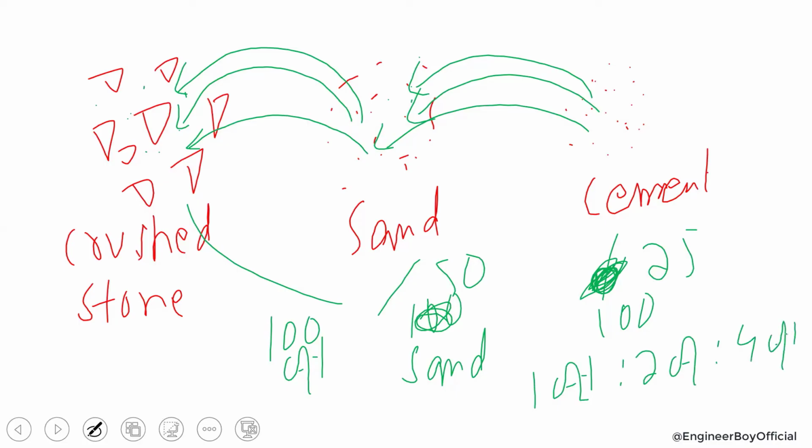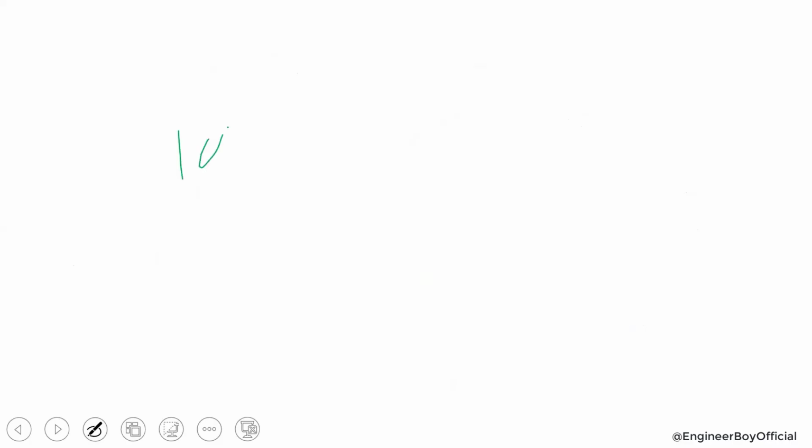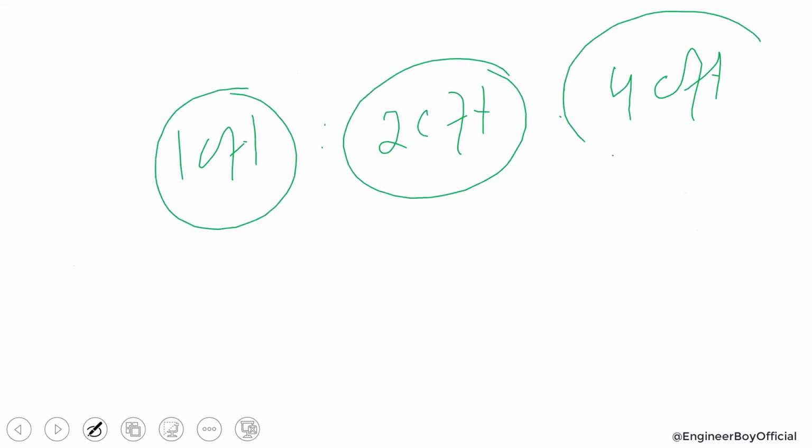Okay, let's not consider that. So we have one CFT, two CFT, and then maybe 4 CFT as the crush stone. This is maximum, the volume is maximum, when we bring it in dry form.